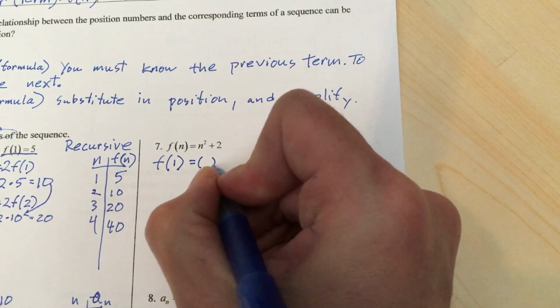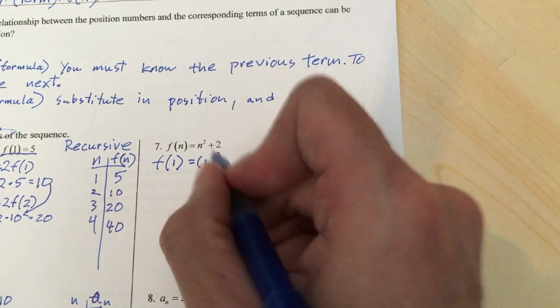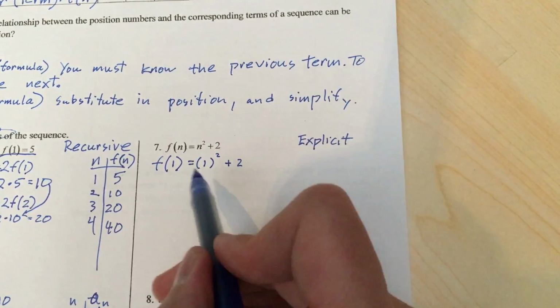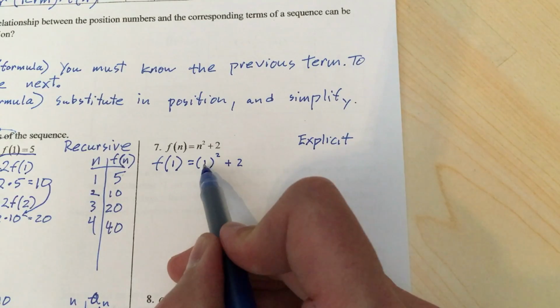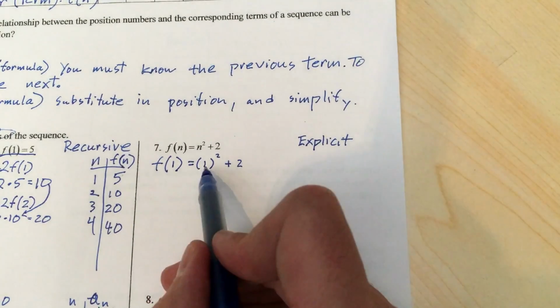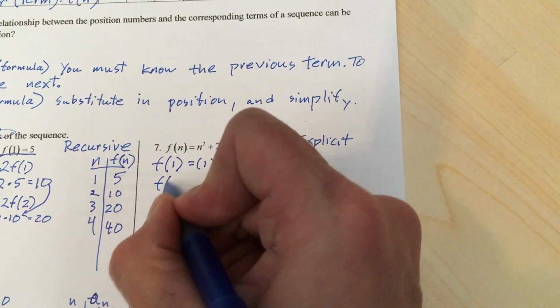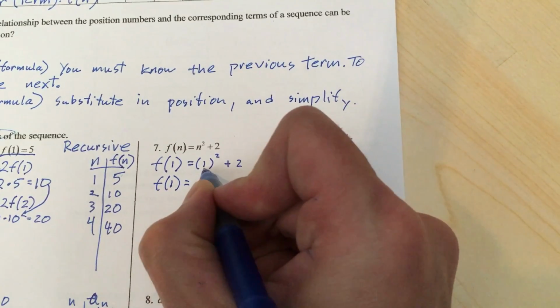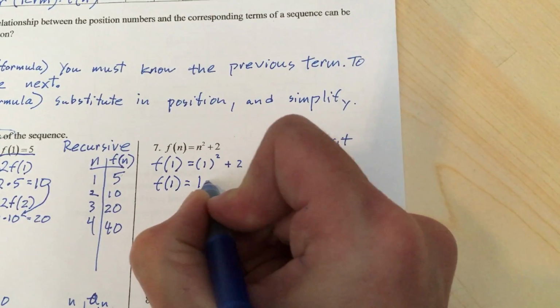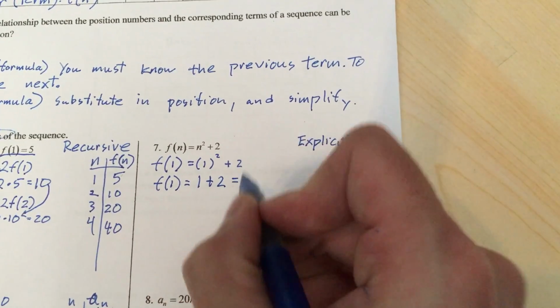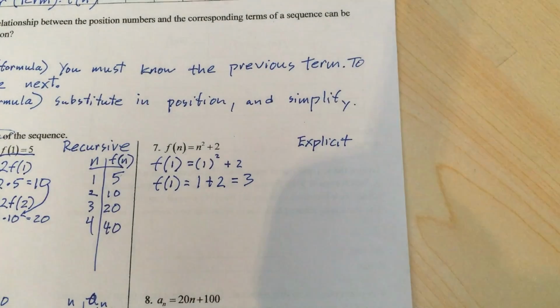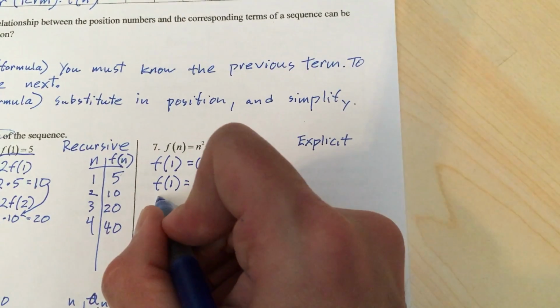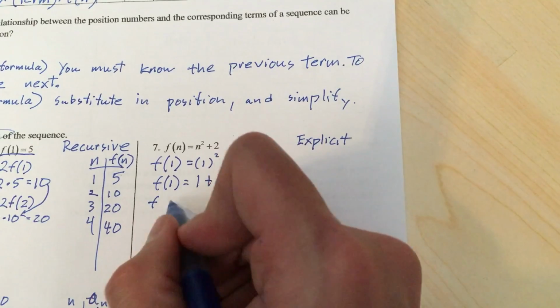And we're going to replace n with 1. Okay, and I like using those parentheses so I know exactly where I'm putting 1. And we're going to square it. So we have f of 1 equals, well, 1 times 1, or 1 squared is 1, plus 2, which equals 3.